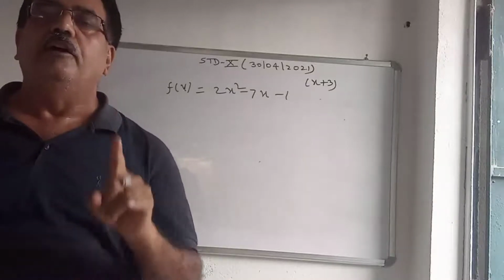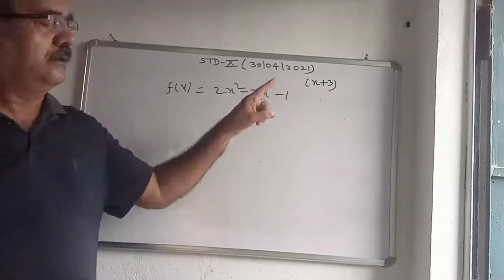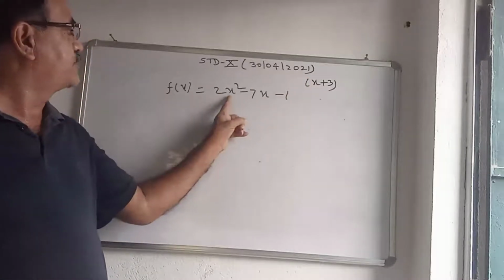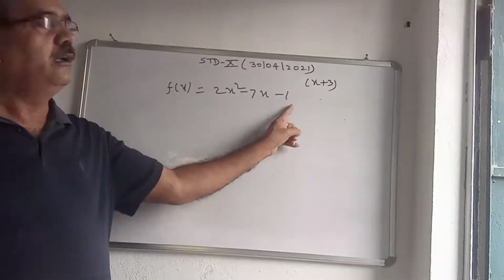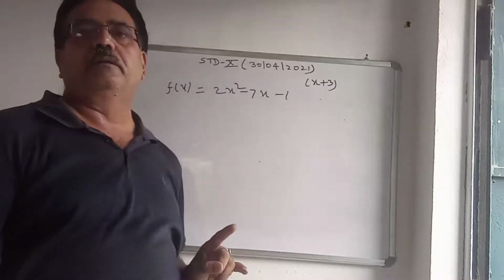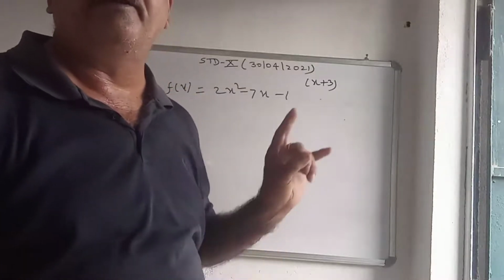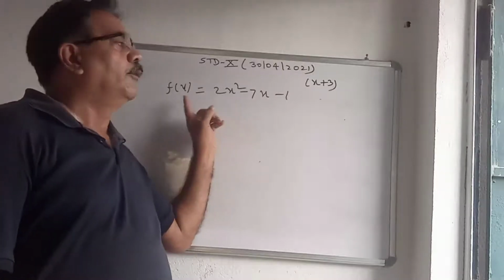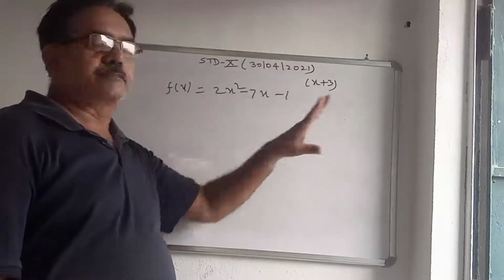Without actual division, we have to find the remainder of this polynomial, 2x squared minus 7x minus 1, when divided by x plus 3.